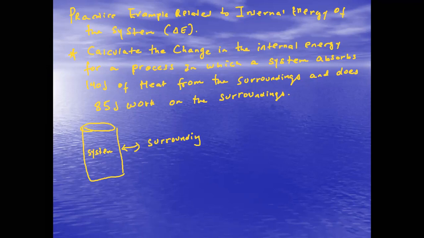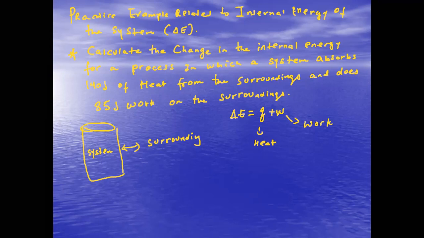That's the law of conservation of energy. Now let's read the problem. You need to calculate the change in internal energy, the delta E. Delta E is going to be Q plus W, where Q refers to heat and W refers to work.